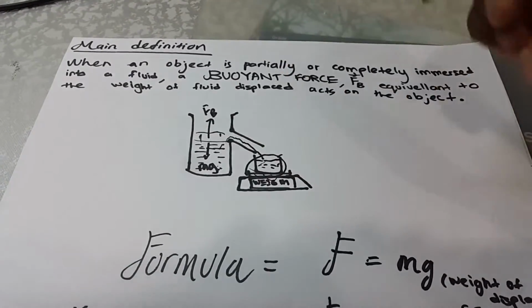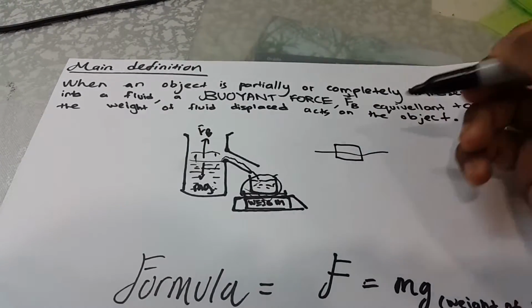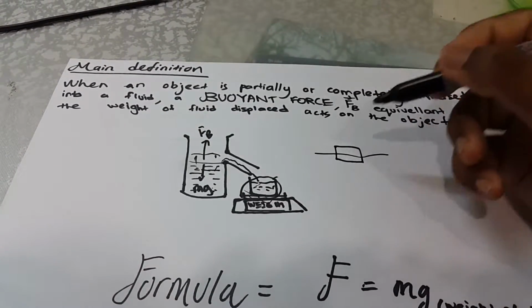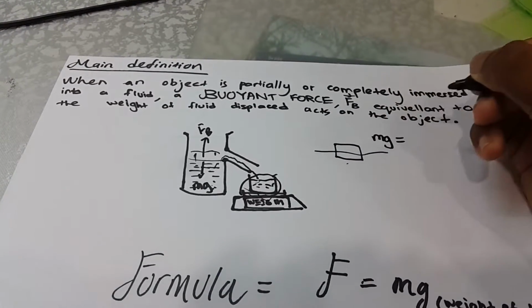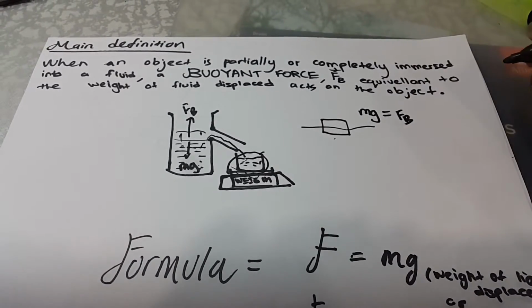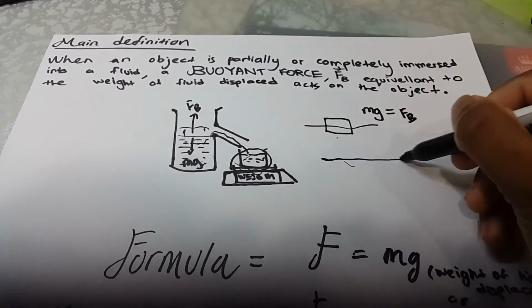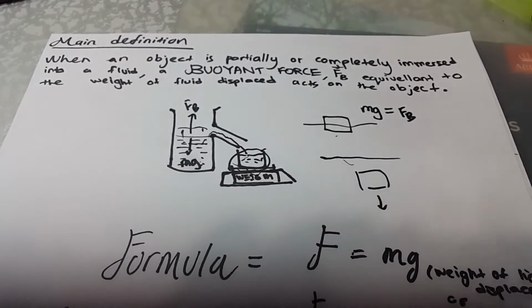If an object is able to float, like it doesn't sink, it just floats, that means its weight is equal to the buoyant force. If an object sinks, it goes down and eventually it will stop going down.